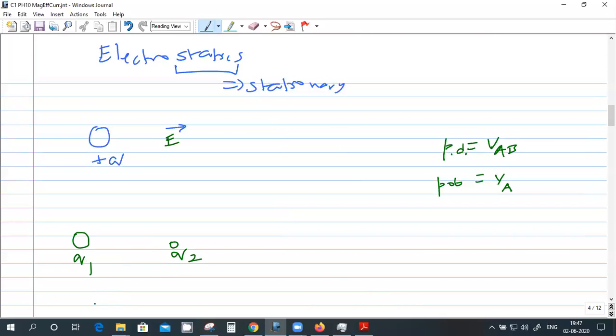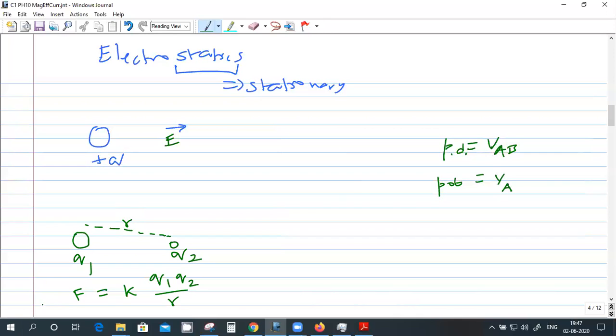F is equal to K into Q1 Q2 by R square. K is a constant over here, and R is the distance between the two charges. So this is the force.